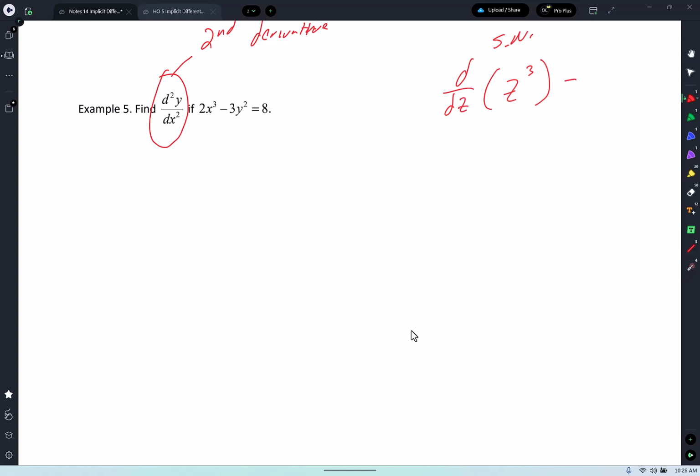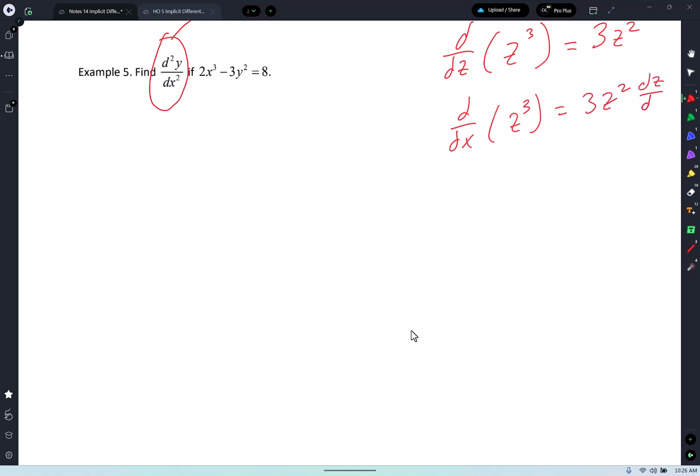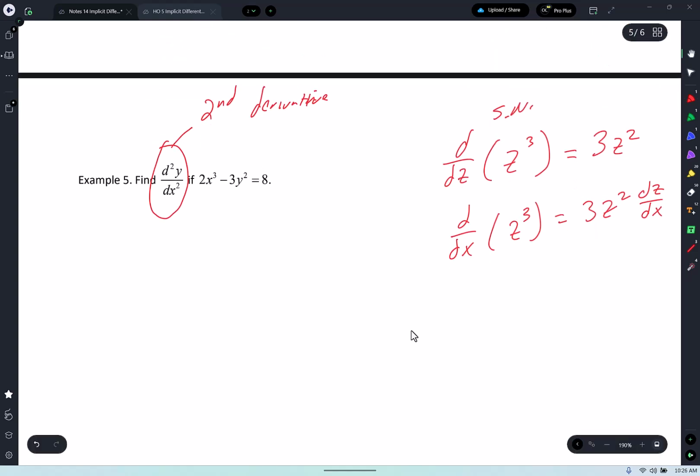The derivative of z cubed with respect to z is 3z squared, and you don't write anything next to it. But if I write d/dx of z cubed, and z is differentiable with respect to x, then you write 3z squared dz/dx, because I took the derivative of z with respect to x. Put that as a side note somewhere.